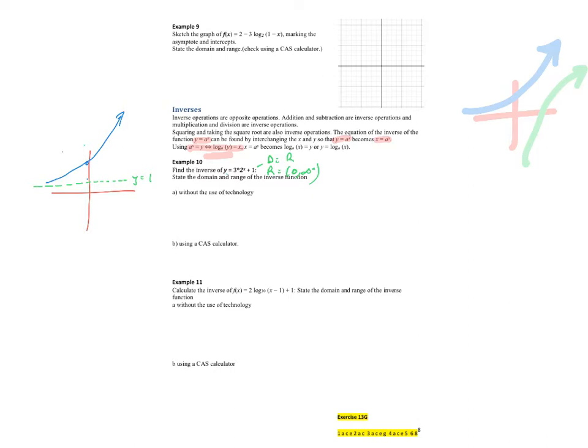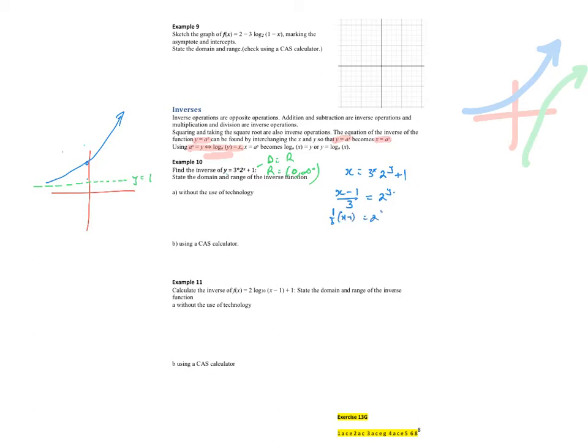So let's find our inverse. To find our inverse, let's swap x and y. So x is equal to 3 times 2 to the y plus 1, and now we solve for y. That means subtract 1 and divide by 3, so I get 2 to the y equal to 1/3 of x minus 1.